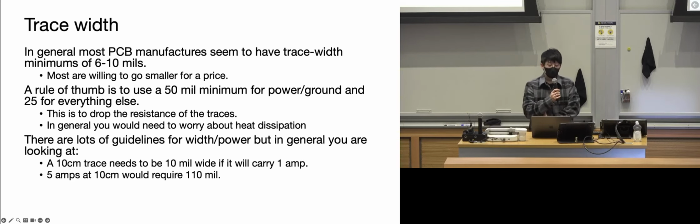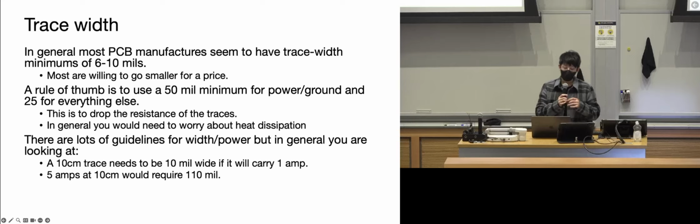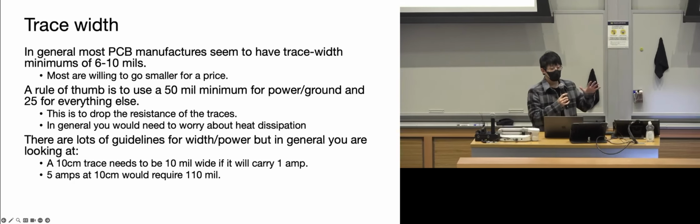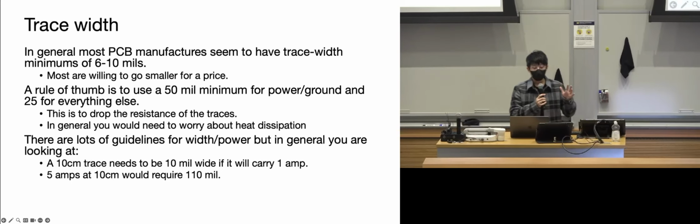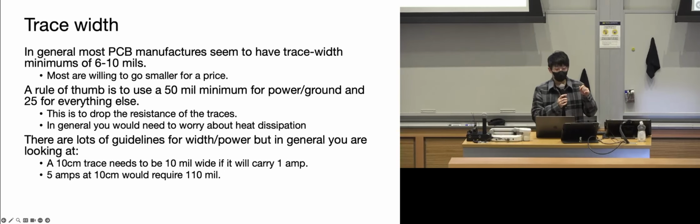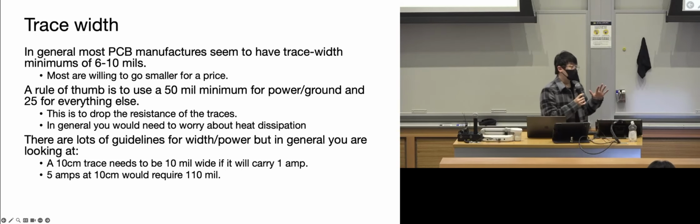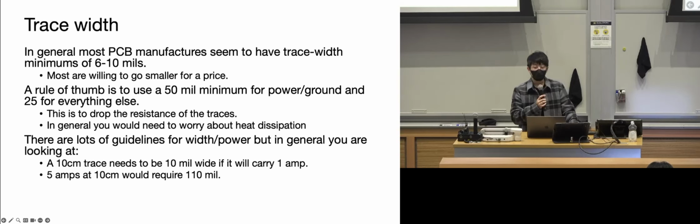A little bit more on the trace width. Usually, for the go-to wires you have, the minimum that the manufacturer can do is about 6 to 10 mils, and for your own design, you should usually try to do 50 mils for power and ground, and 25 for everything else, unless specifically mentioned by the manufacturer.